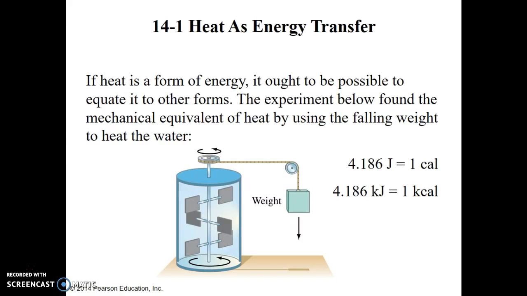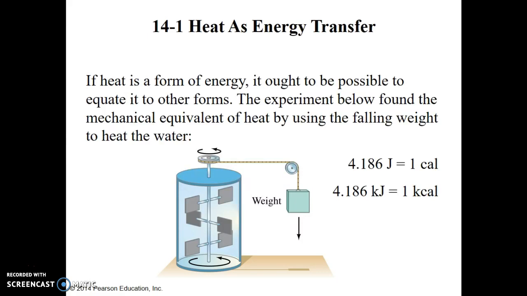And so if he used this weight to heat up that mass, let's say 1 kilogram of water, by 1 degree Celsius, then that weight has fallen enough to give 1 kilocalorie of energy. Now, we haven't yet talked about calories and energy in this context.